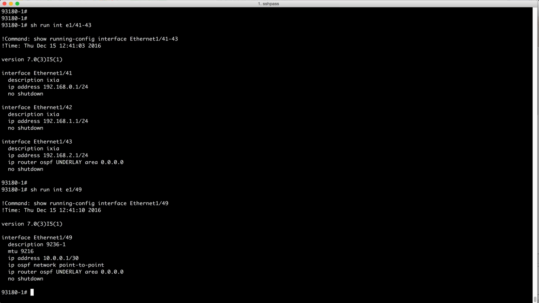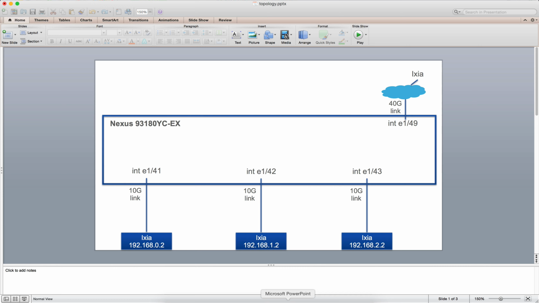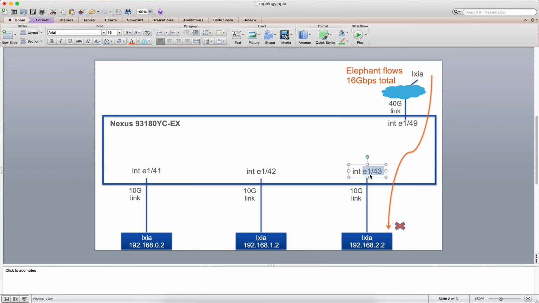What we're going to do here is first send elephant flows. We have a Nexia on the other side somewhere from the uplink. It's a 40 gig link, so we're going to be sending 16 gig of bandwidth through that one, all going to port 143, which is a 10 gig port.